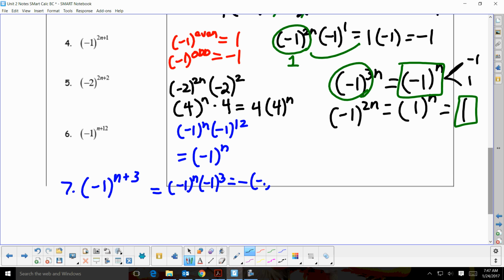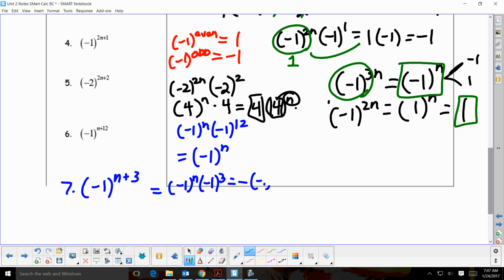His question is, could you write it as 4 to the n plus 1? That's absolutely correct. But as we go, we're going to want to see a number in front and a number to the n power. Just to the n power to get it simplified like that is going to benefit us more. But yes, you could put it back together.